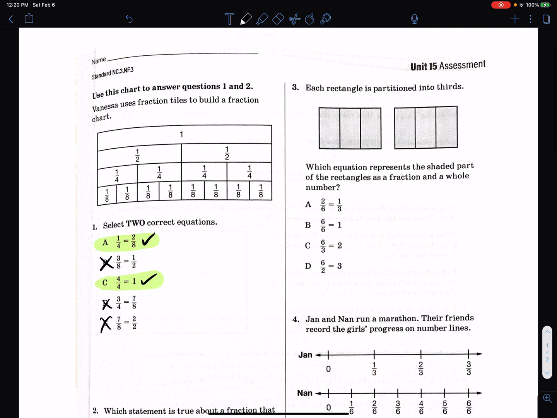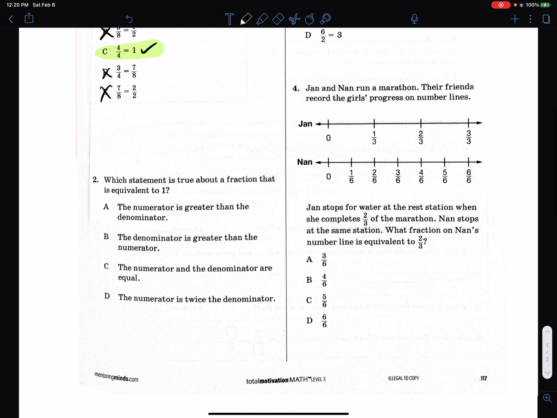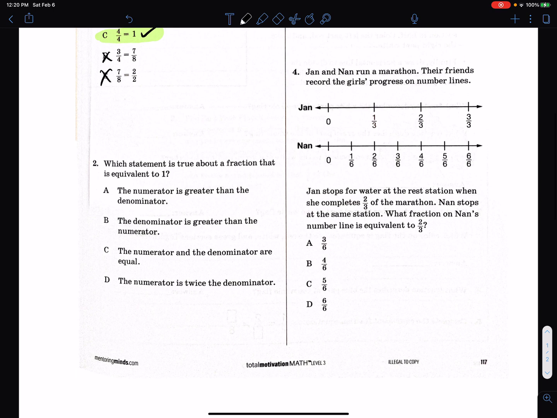All right, so let's scoot on down to number 2. So they want to know which statement is true about a fraction that is equivalent to 1. The numerator is greater than the denominator. The denominator is greater than the numerator. The numerator and the denominator are equal, or the numerator is twice the denominator.